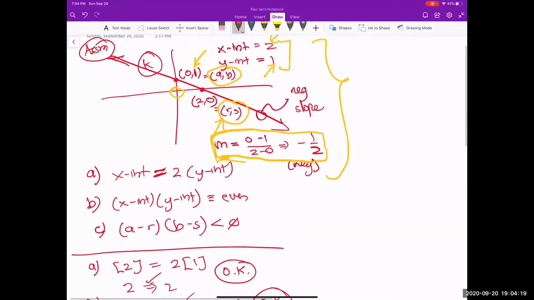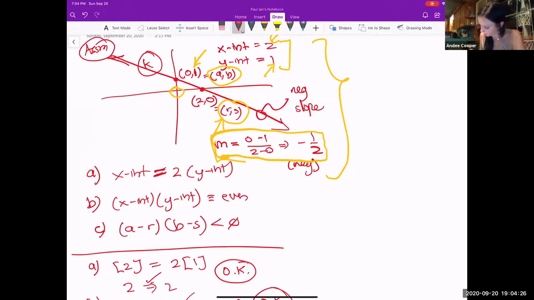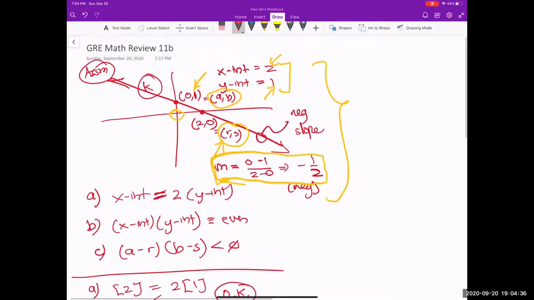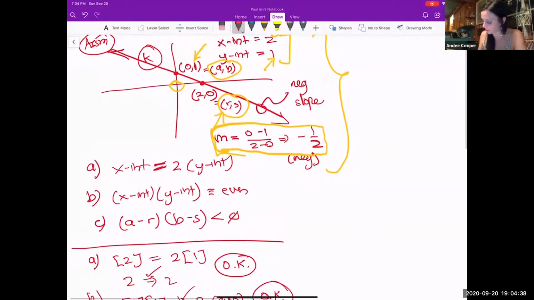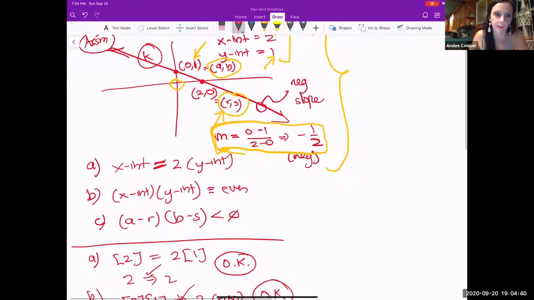No. It's the other way. So the x-intercept is twice the what? I don't understand why it wouldn't be 2y. It is 2y, right? I don't understand why it would be 2x, because it says the x-intercept is twice the y-intercept. Yeah.